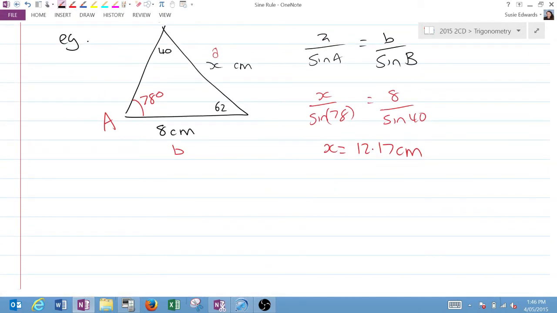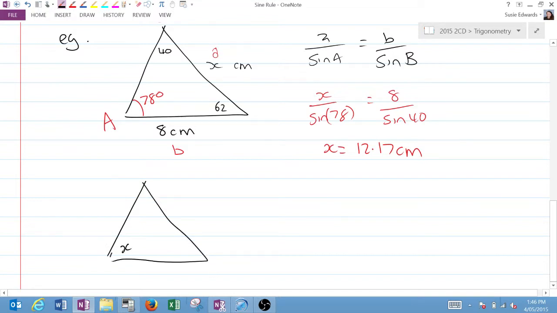Okay? So, let's trace. X, 3.5, 80, 4.1. We just say that we always label the unknown as A and the other ones as B. And that way you've always got your unknown on the left-hand side.